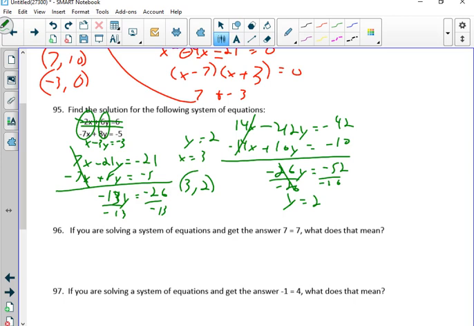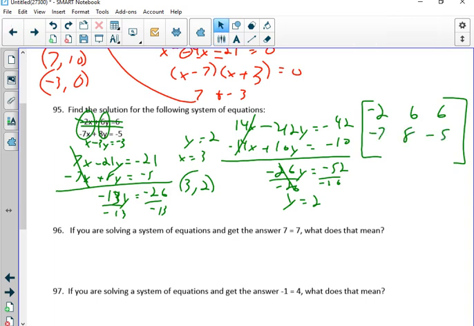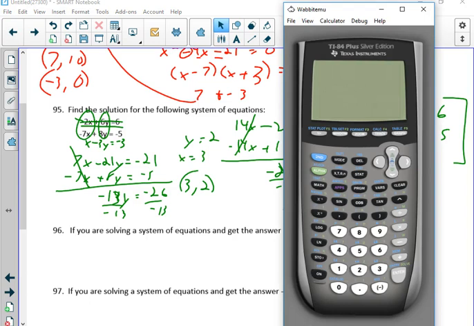Now the other way to do this, if you are not asked to do this any certain way, and you just need to find a solution, is with the matrix. And you should write down your augmented matrix, which is the coefficients of the numbers, negative 2, 6, and 6. Negative 7, 8, and negative 5. Then get your handy-dandy calculator.